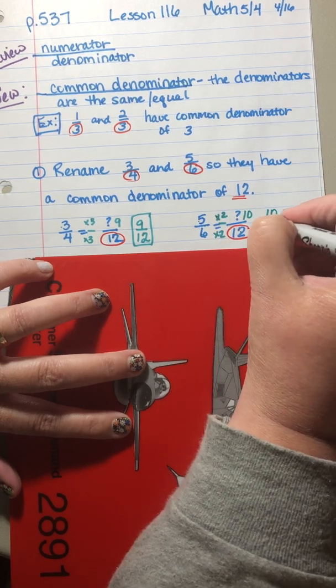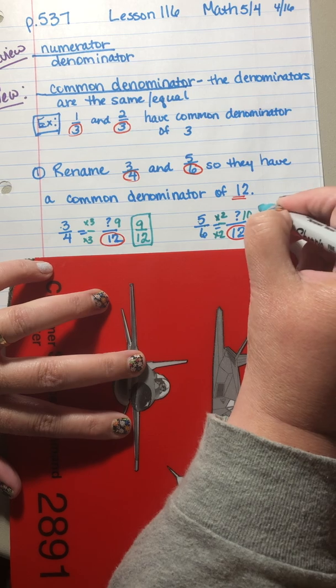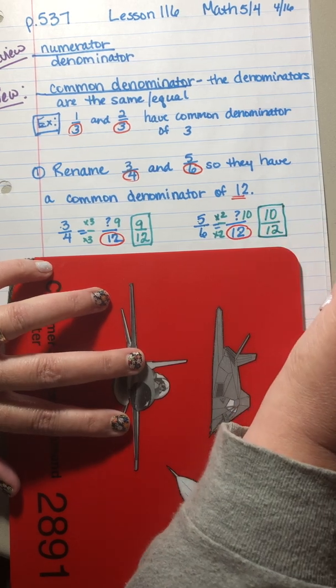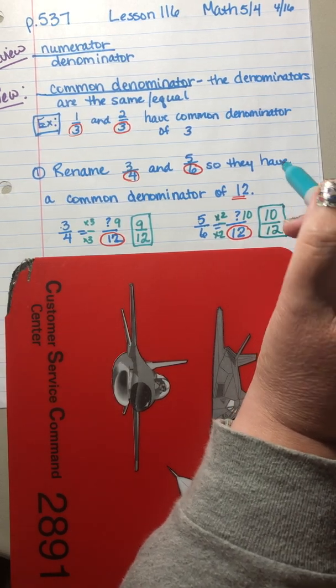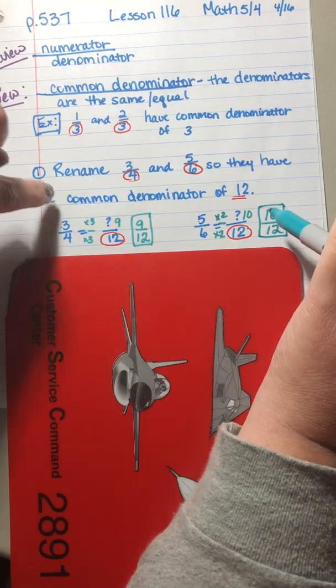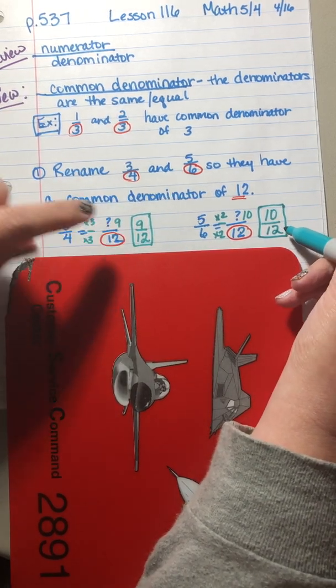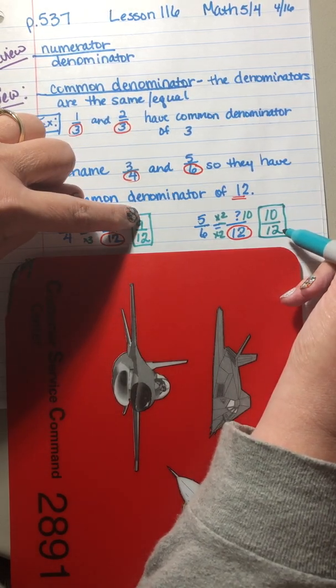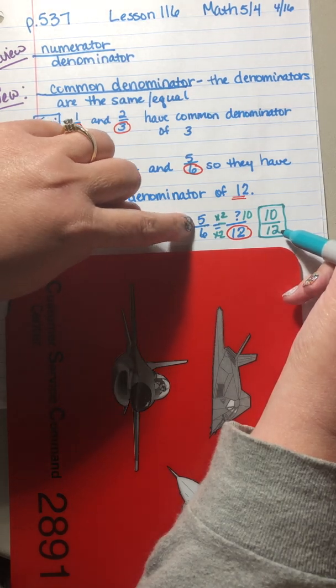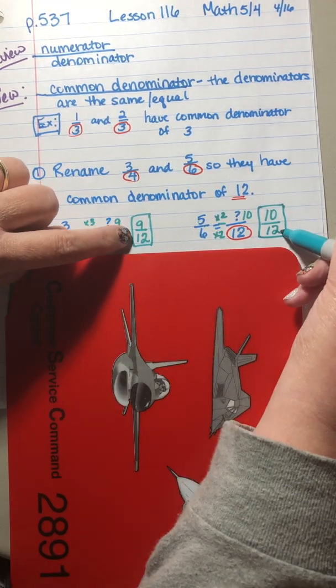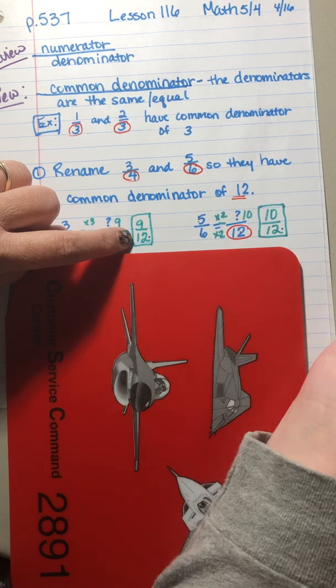So when I rename 5/6, I get 10/12. The problem wanted me to rename these two fractions so they would have a common denominator of 12. So I renamed 3/4 to 9/12 and 5/6 to 10/12, and they have a common denominator of 12.